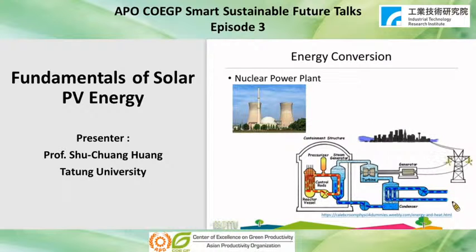For example, in a nuclear power plant, which is a thermal power station, typically we use a nuclear reactor to generate heat and then produce steam. And the steam can be used to drive a turbine, which is connected to a generator to produce electricity.